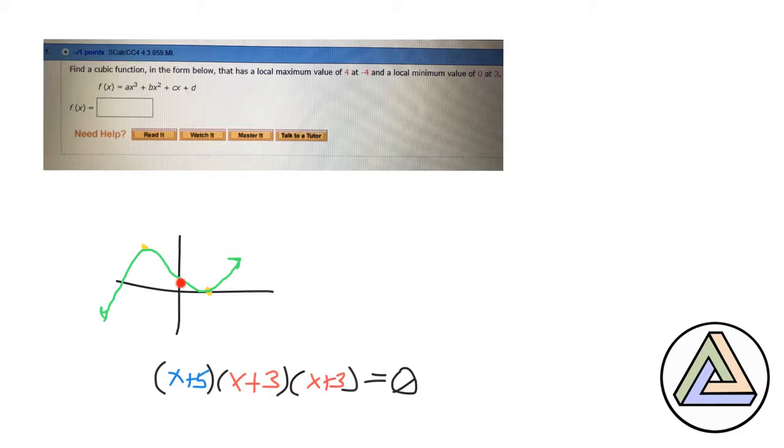We know that this y-intercept here has to be between 0 and 4. But the problem is this intercept corresponds with D. D is the y-intercept.